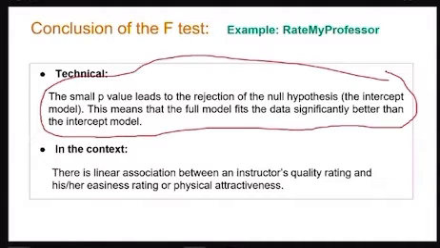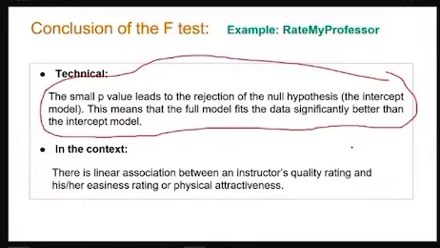What are we trying to do? We're trying to look at the relationship between quality and some variables. In the actual sense, we mean a linear association between an instructor's quality rating and his or her easiness rating and physical attractiveness. That's exactly what we mean.